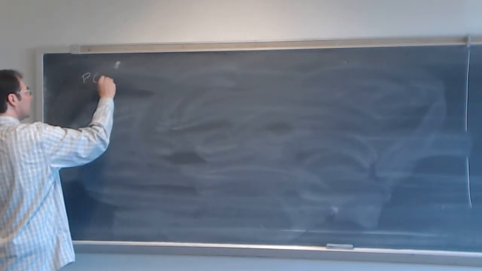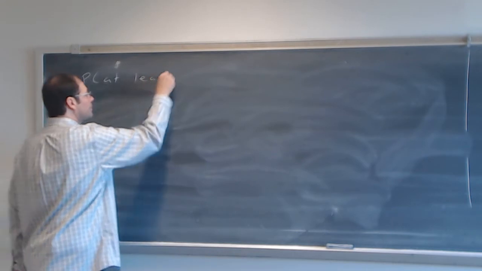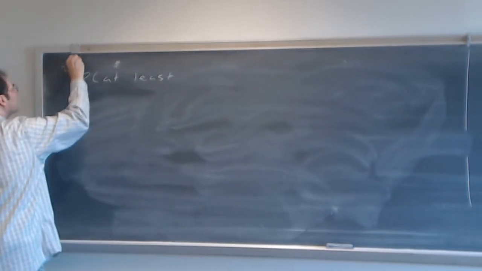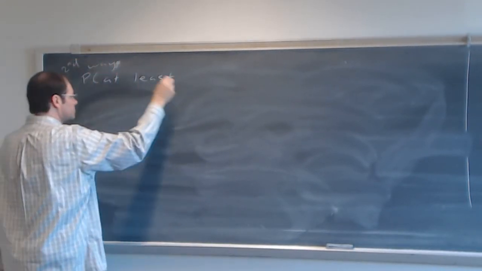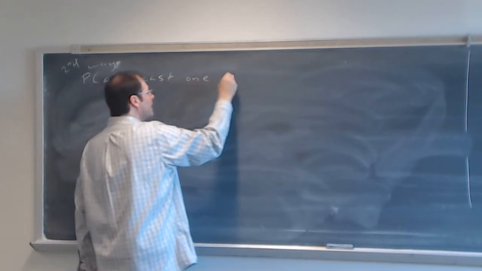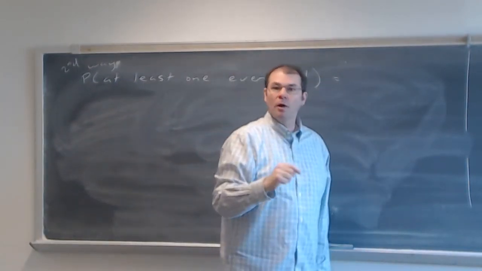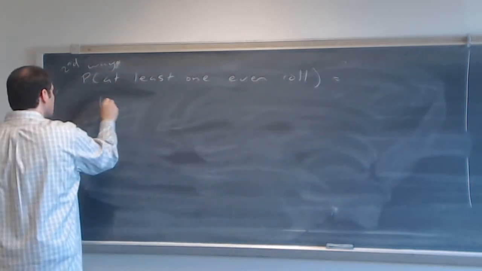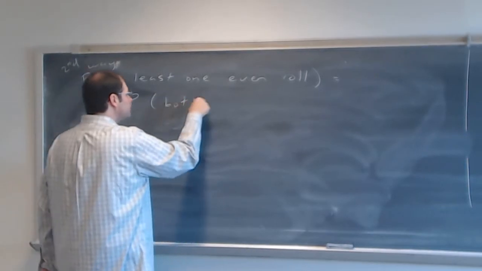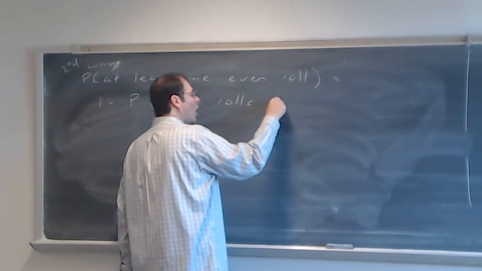So a secondary way of doing the problem is using the property we just had: the probability of at least one even roll is the same thing as 1 minus the probability of the opposite of this, and that is both rolls are odd.